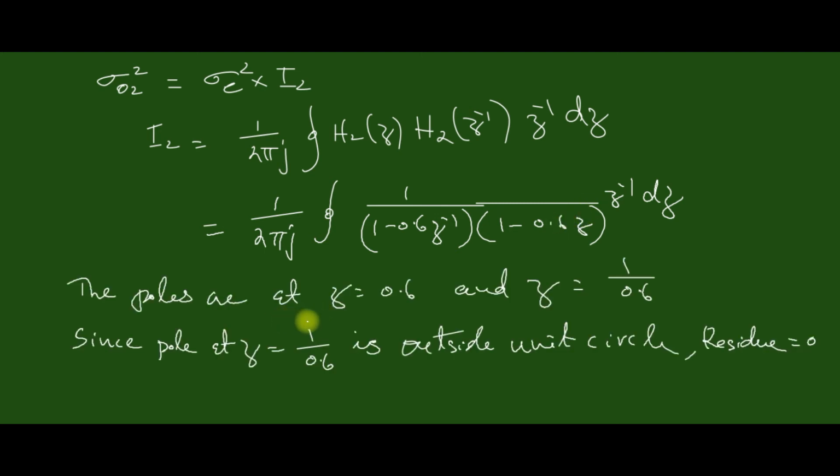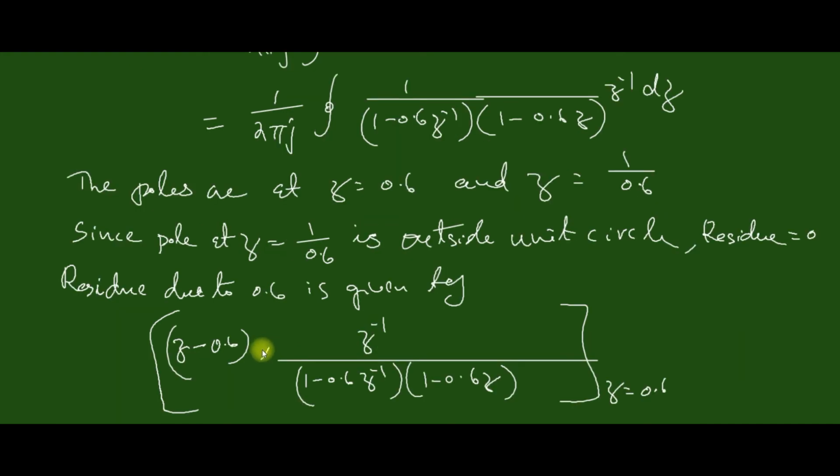Now the poles are at z equal to 0.6 and z equal to 1 by 0.6. Now here it is evident that z equal to 1 by 0.6 is outside the unit circle because it is above 1. So the residue due to z equal to 1 by 0.6 is 0. Now we can compute the residue due to 0.6, which is given by z minus 0.6 into this term.